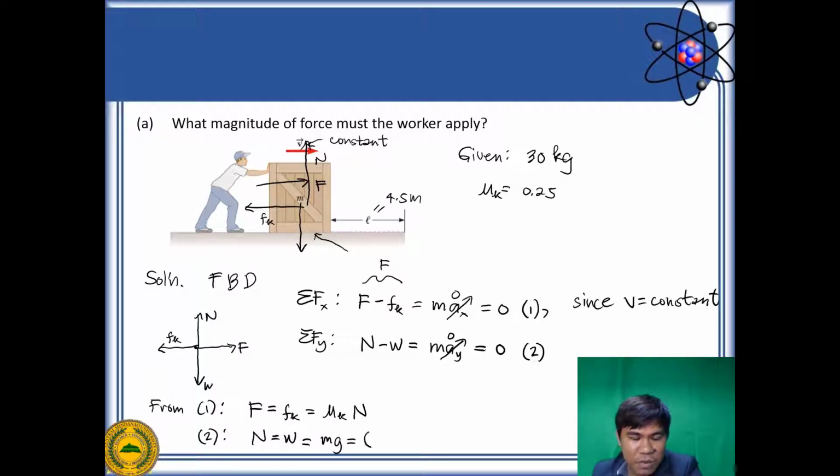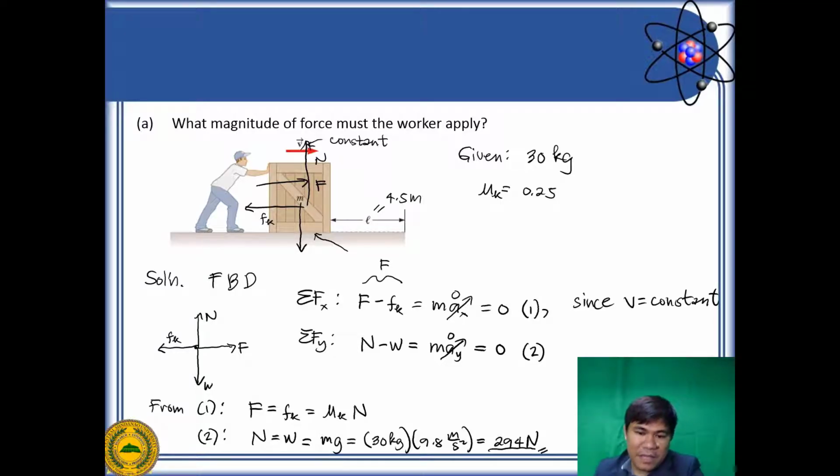So in this case, we can immediately answer the corresponding value of the normal force. We just substitute the mass of the crate, 30 kilograms, times the magnitude of the acceleration due to gravity, and this produces 294 Newtons. So that's the normal force.